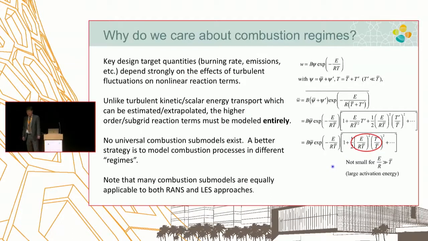So if you don't do anything in a RANS calculation, each cell has a representative temperature and concentration, but there are small fluctuations. If you ignore them all, then you are completely mispredicting the actual reaction rate inside a cell. So this is the whole challenge of combustion closure in the entire combustion model.